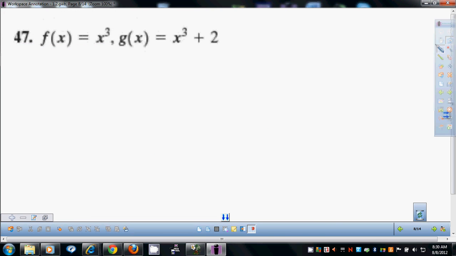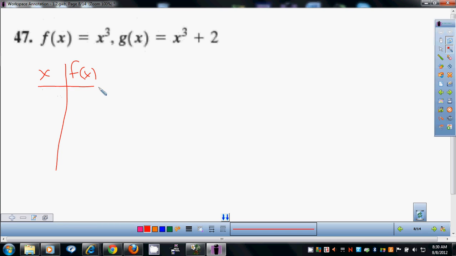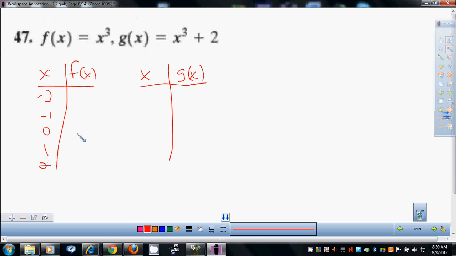All right, XY chart time. x, f of x, x, g of x. All right, so I'm going to plug in, once again, -2 to 2, because that's what the direction said. When I plug those values into f of x, Joey, what are my y values going to be?